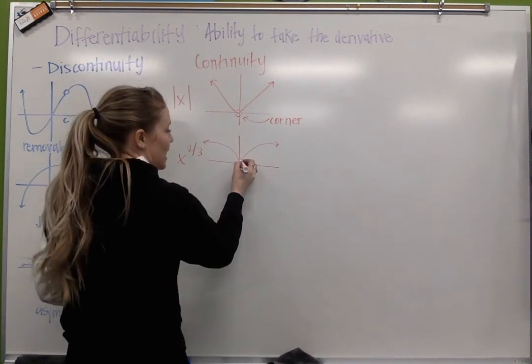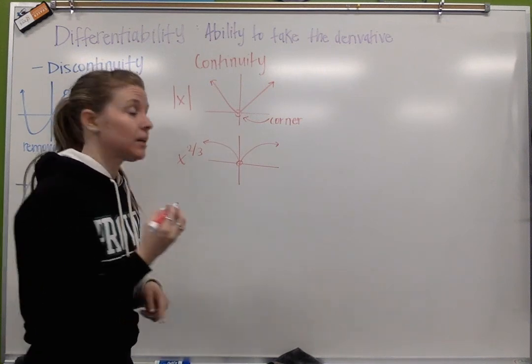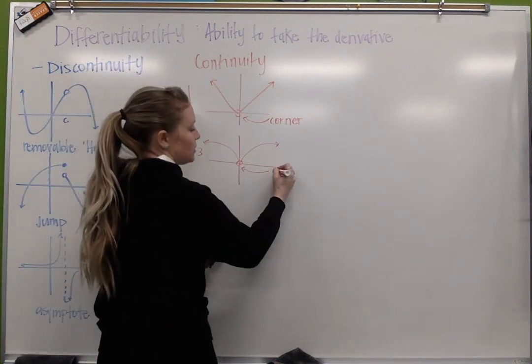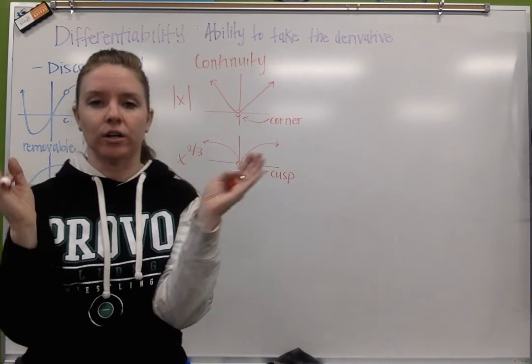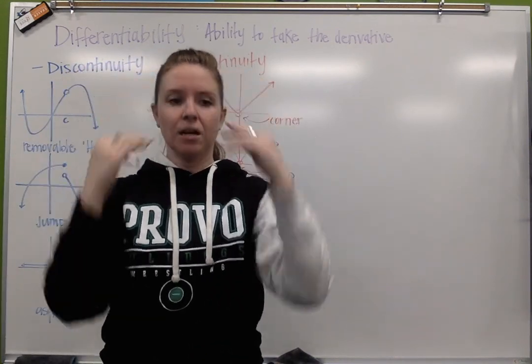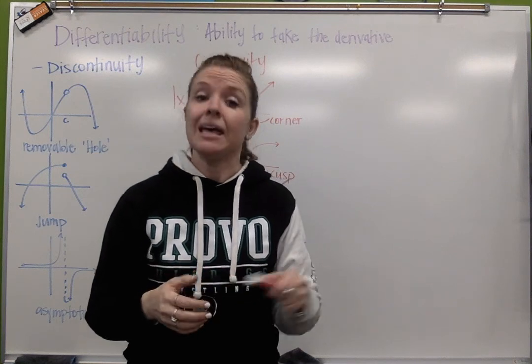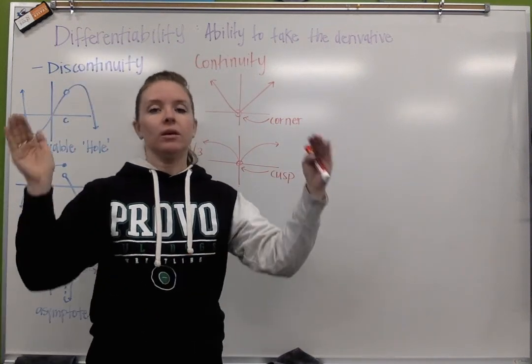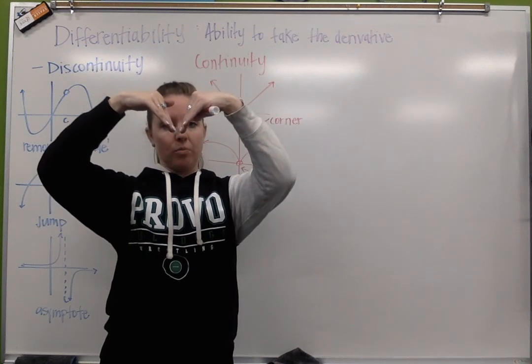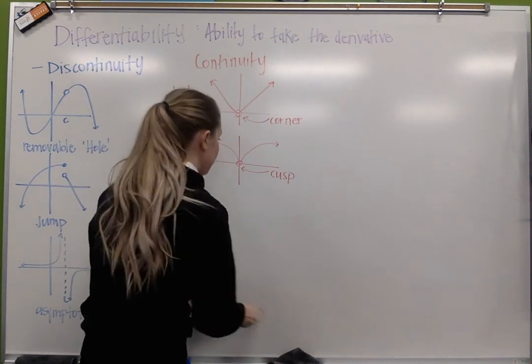So again, we have that issue at our point here. We call this one a cusp. So it's not a straight line like a corner. It's kind of got these bendies. So we're just going to call that a cusp. The function's continuous, but it's not differentiable because of those 2 different slopes meeting at one point.